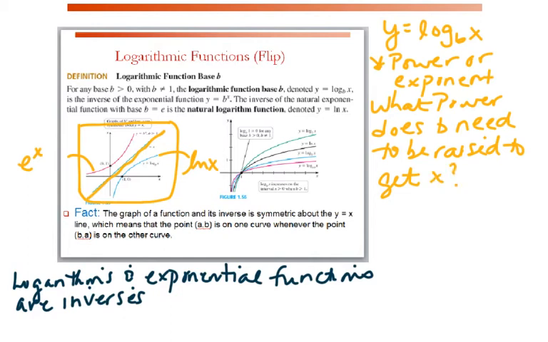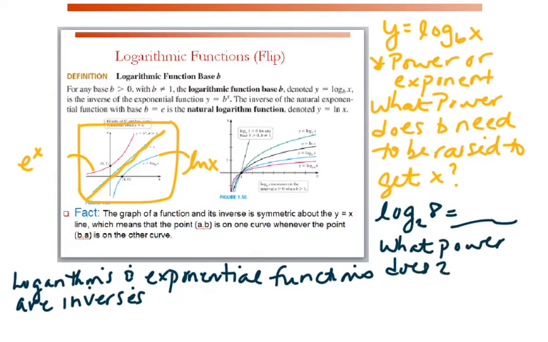So if I gave you the example log base 2 of 8 equals something. So the question that you're asking is what power does 2 need to be raised to get 8?